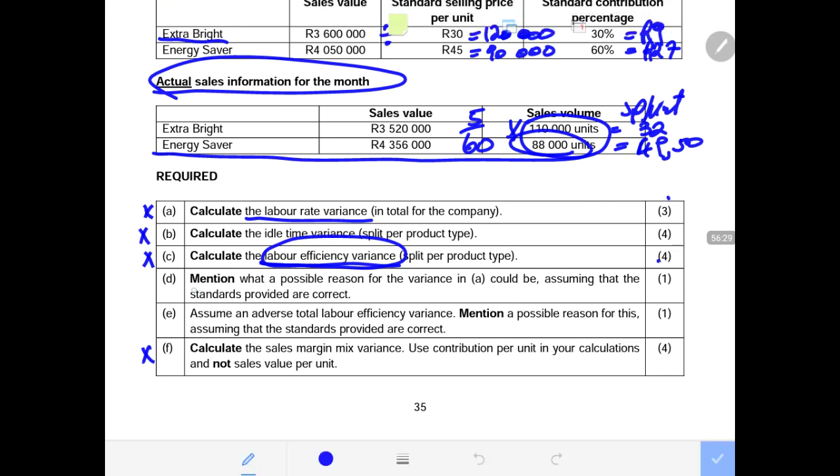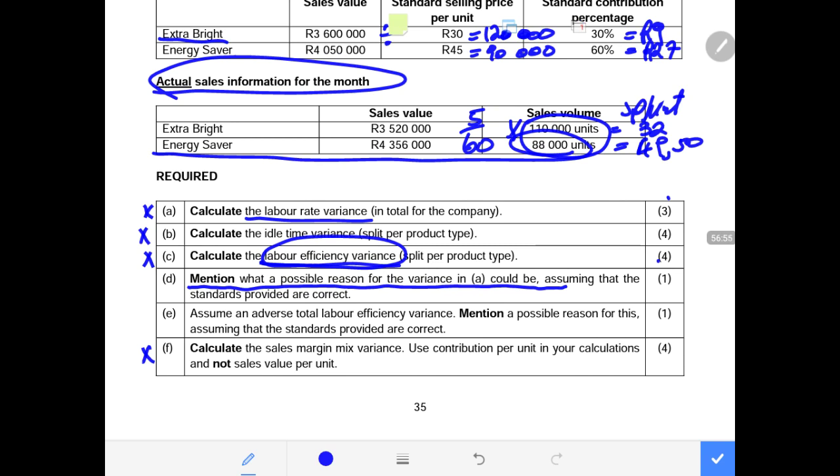It says mention what a possible reason for a variance could be in A, assuming that the standards provided are correct. That means labor was more expensive than expected, and there may have been an unexpected salary or wage increase due to, for example, labor union negotiations.